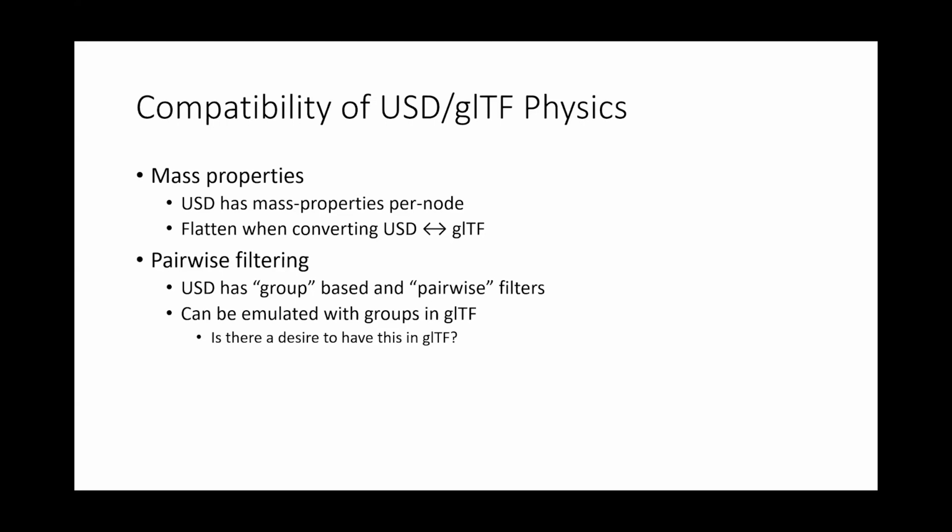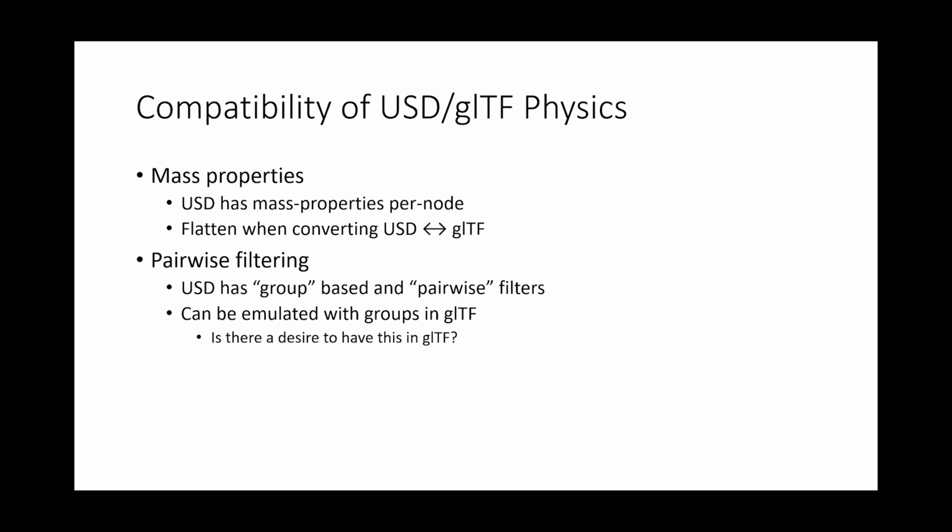USD also has the kind of group-based filtering that the glTF physics has, and you can emulate pairwise filtering via unique group names to some degree, but I don't know if it's desirable to have a pairwise body filtering method in the glTF spec, if it's something people would like.